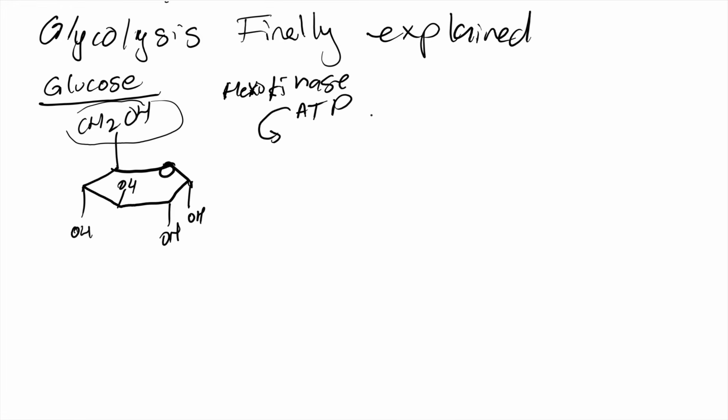So it's going to remove that H, and now it's going to be substituted for this PO3 2 minus. So ATP means just literally 3 phosphates.